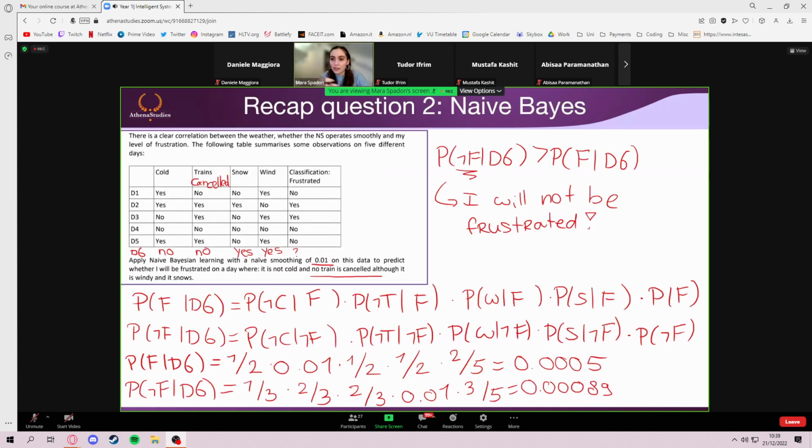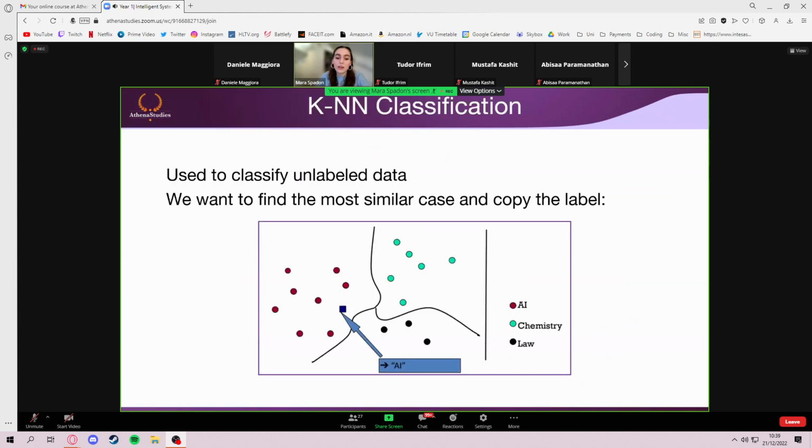We have unlabeled data, and based on probability, we classify it into a certain class. But here we look at what is the most similar, and we copy the label. So let's say we have all of these assignments, and they correspond to the AI course. This one is chemistry, and this one is law. And we've been given some unlabeled data. Then with k-nearest neighbors, it looks at, okay, what are my nearest data points?